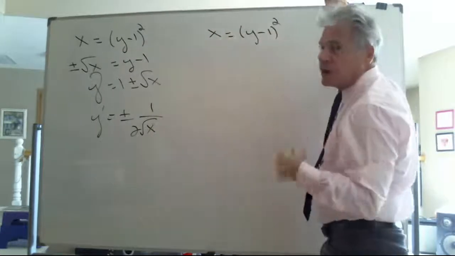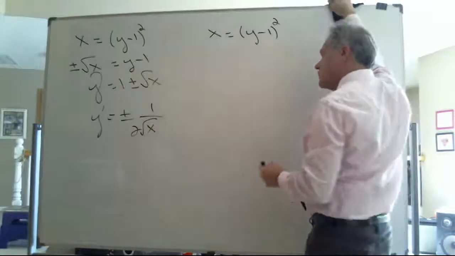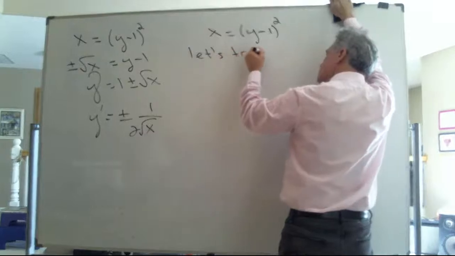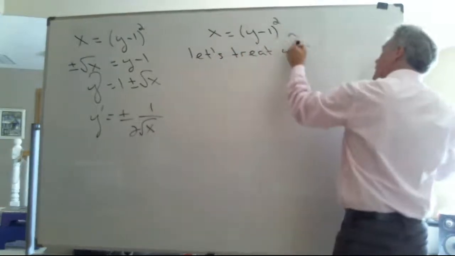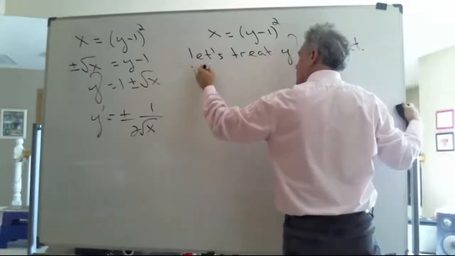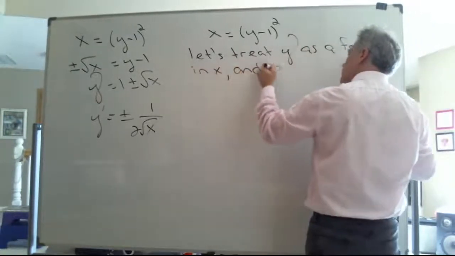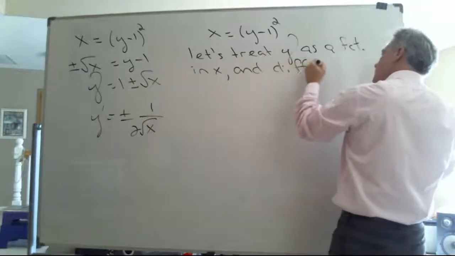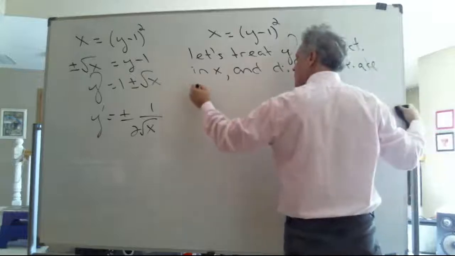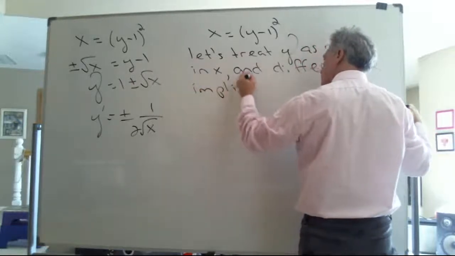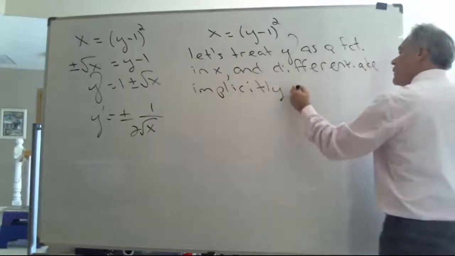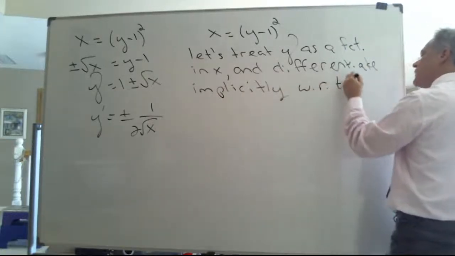Now, I know y is not a function of x, but let's treat y as a function in x and differentiate implicitly, meaning I'm implying that y is a function of x briefly, with respect to x.